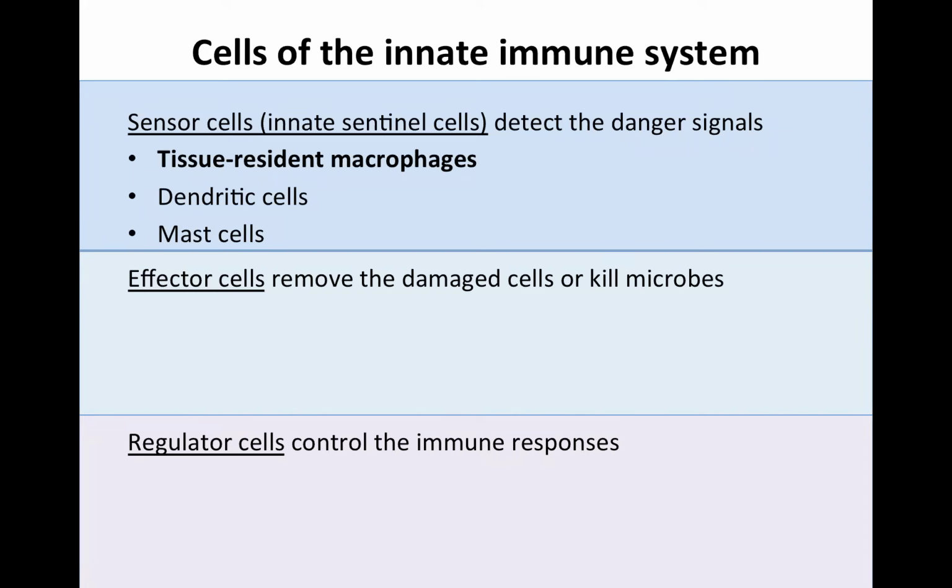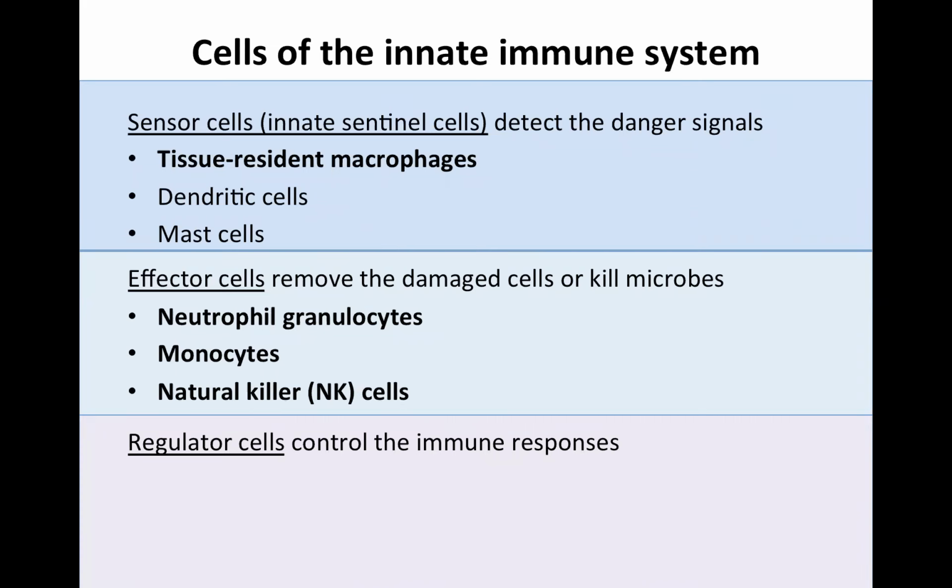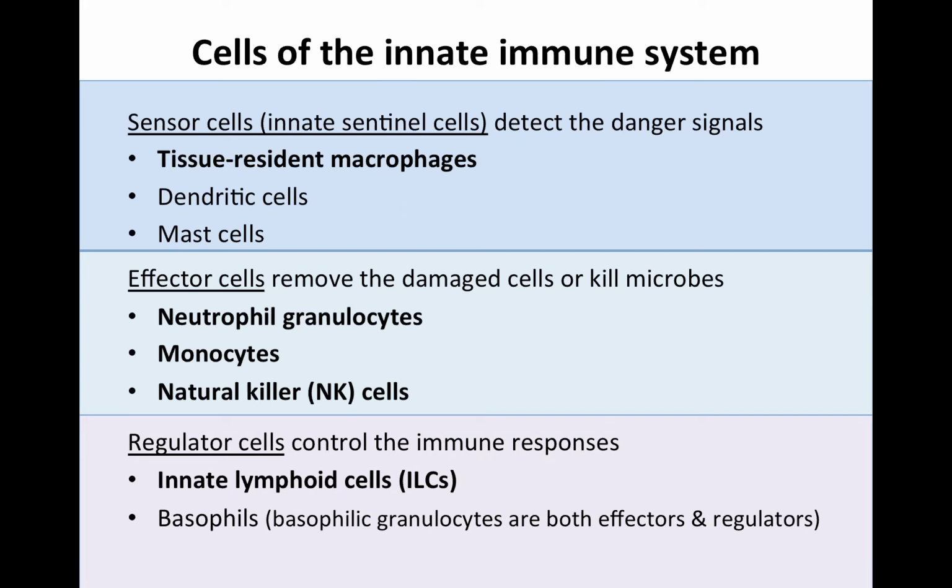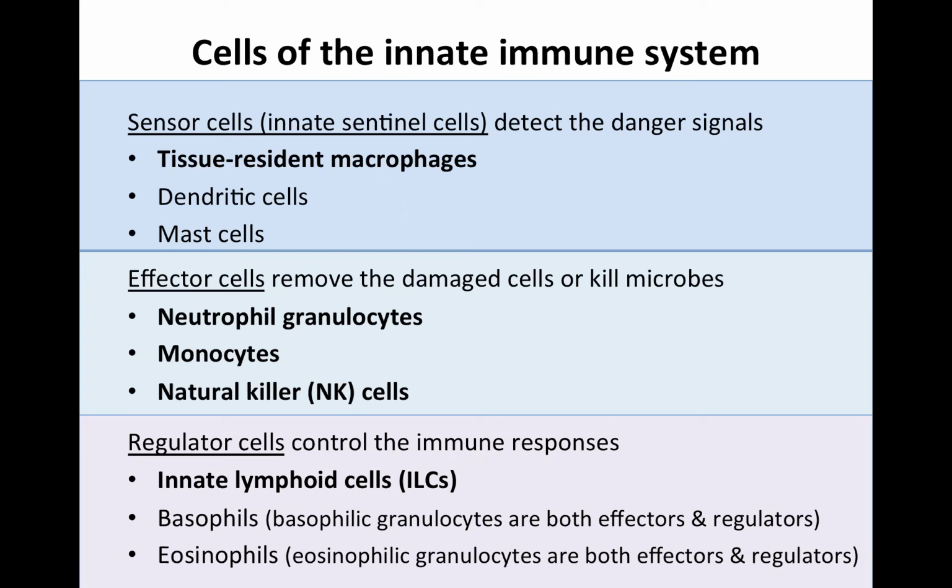And the mast cells can also help a tiny bit, but they are less important. Effector cells include neutrophils, monocytes, and the NK cells. And regulatory cells are the so-called innate lymphoid cells. And next to that, we have the basophilic cells and the eosinophilic cells, which also act as regulators of the response, but also act as effectors.